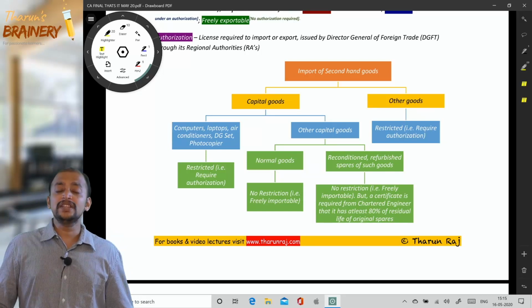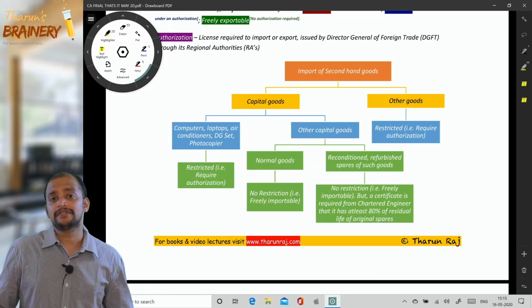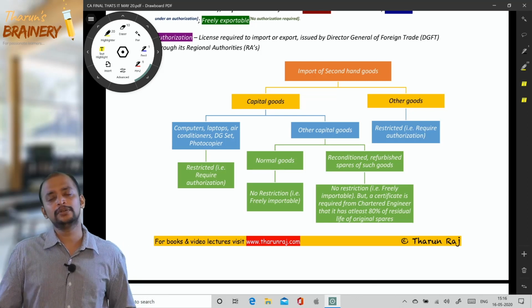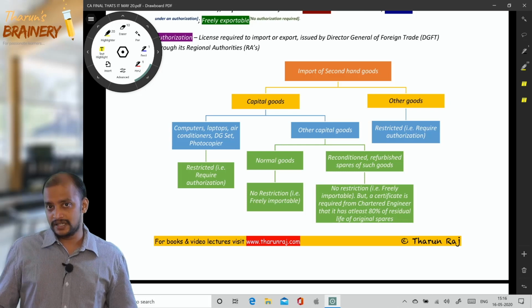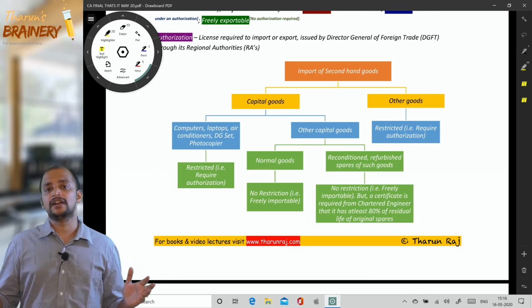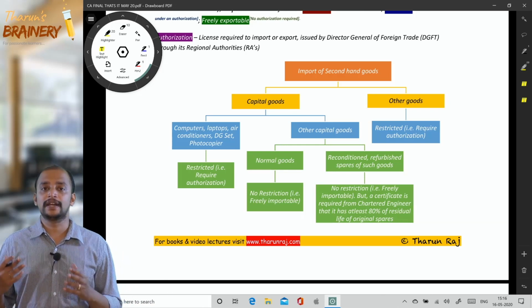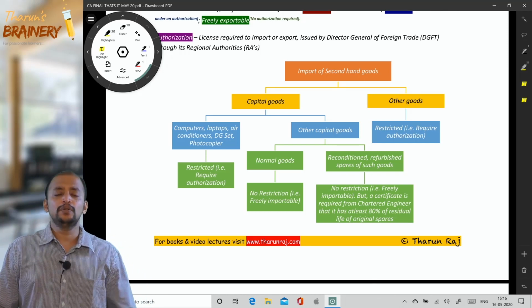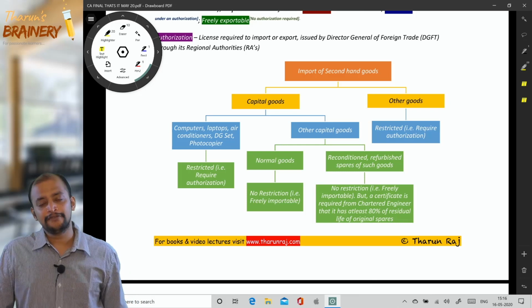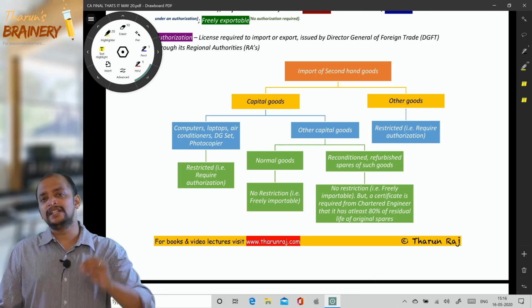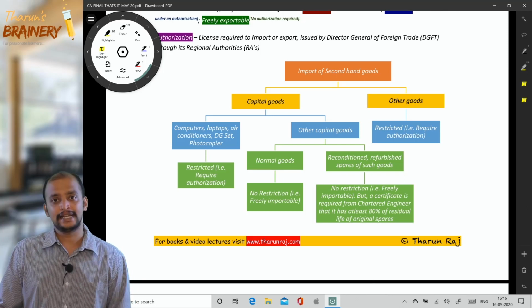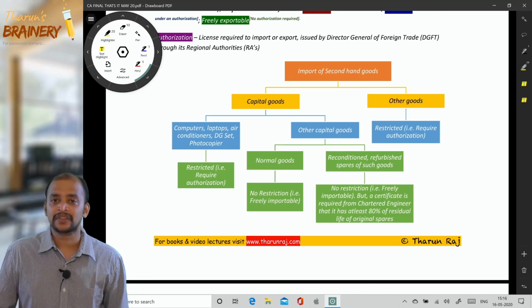Now, along with this basic policy, we have some special provisions also. With respect to normal goods, that is original goods, first time goods when we are importing, we have a policy. Example, you want to import a laptop. For importing laptop, we will check for the authorization. Is it required or not? Yes, authorization required.